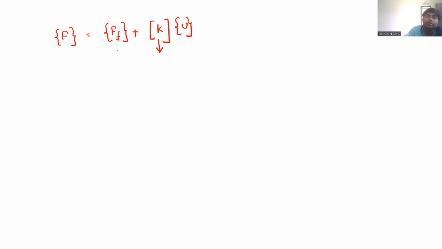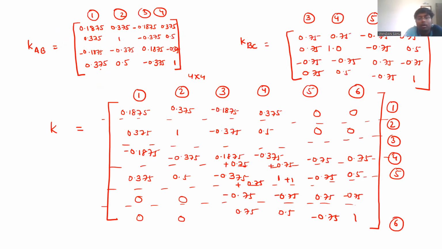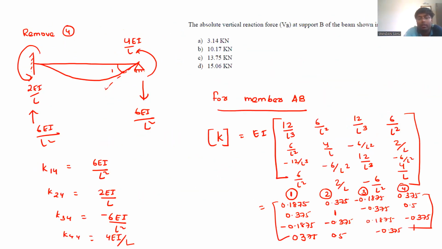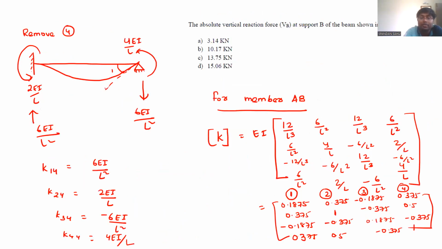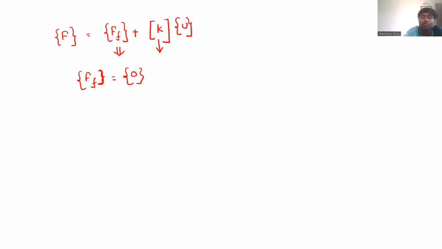Your fixed end forces, this F matrix, will not be a matrix, it will be a vector and it will be 0. Because no external forces, no span loading is there. Fixed end movements are generated because of span load. If there is no span load, fixed end movement is 0. So this is 0.